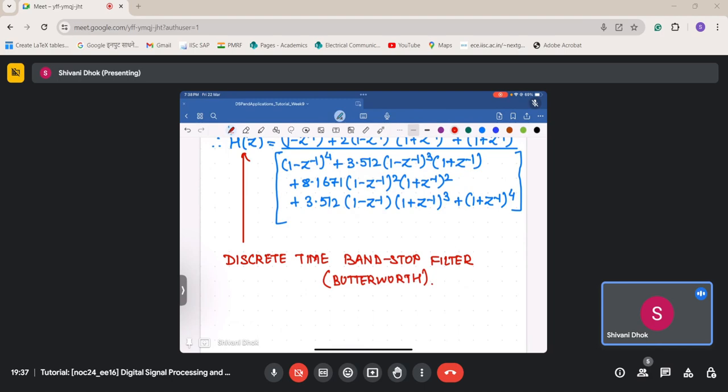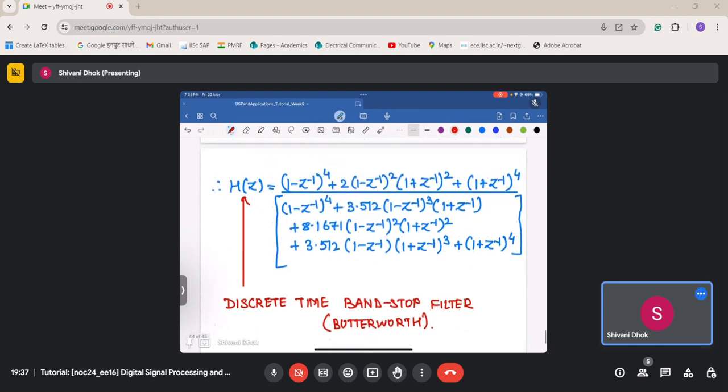So now one thing that I would like you to notice is that the highest power of z inverse or z in both numerator and denominator is 4. So this Butterworth band stop filter is an order 4 filter. However, the low pass filter which we derived earlier was order 2.